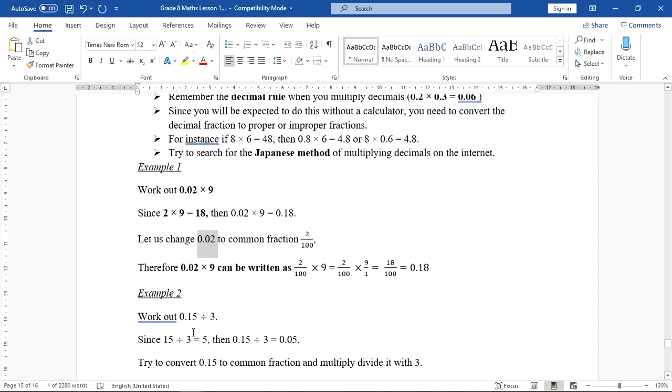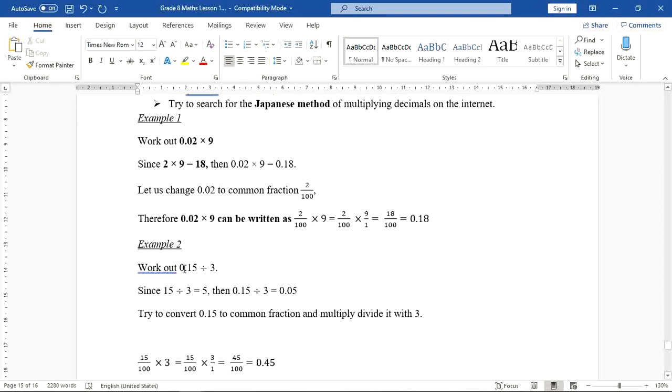This time around we're dividing 0.15 divided by 3. Since 15 divided by 3 is 5, then 0.15 divided by 3 is 0.05. With 2 decimal places, the answer must also have 2 decimal places. Now let us try to convert 0.15 to a fraction.